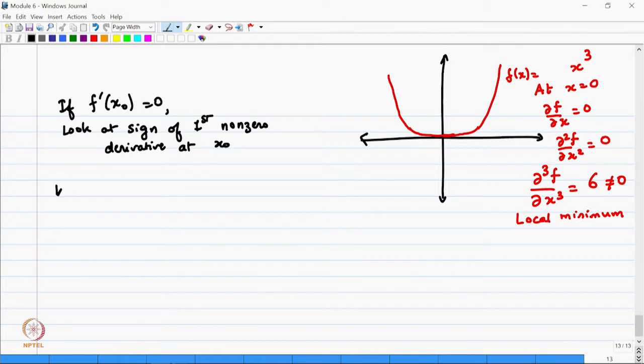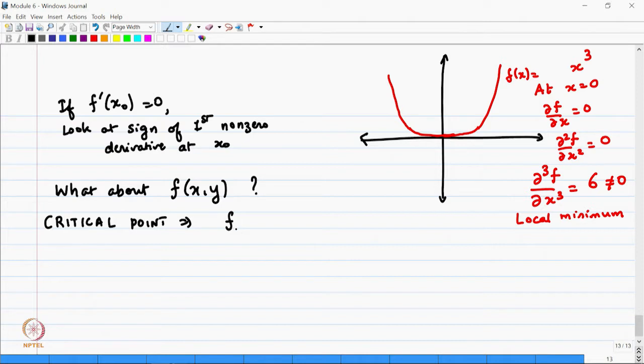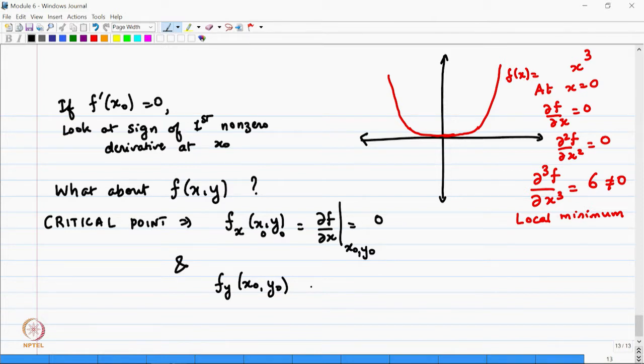Now, what about functions of many variables, functions of 2 variables? So, the definition of critical point implies f x of x y, which is dou f by dou x, at x 0 y 0 equal to 0, and f y of x 0 y 0, and this is very important, both the conditions should be satisfied.